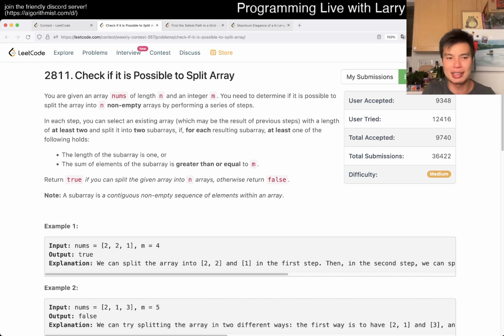That's why I didn't do it during the contest. If every two adjacent elements are less than m, then it is trivially true, because then we can just do one element at a time, right?